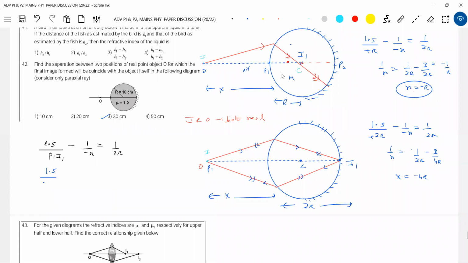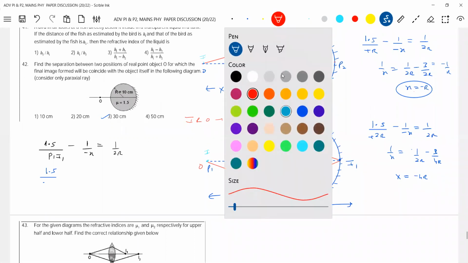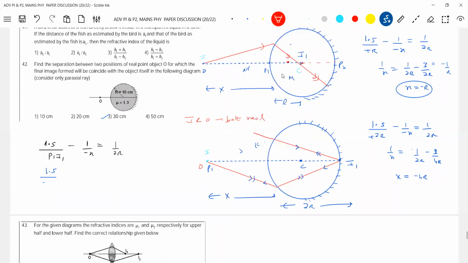In that case, I think this is not, this is the image. Okay, I'll do one thing. The rays will not be like this. They will bend. Okay, I think I'll make a correction for the diagram. Now you can see this.